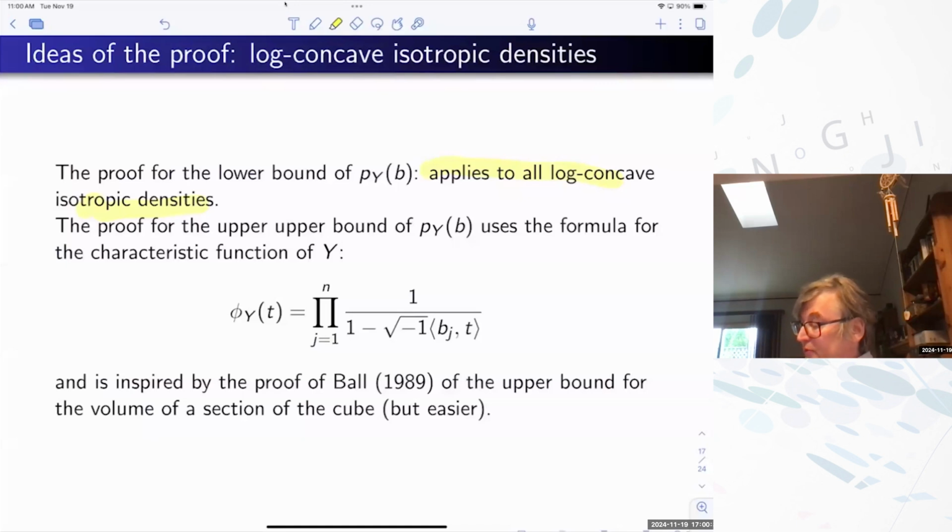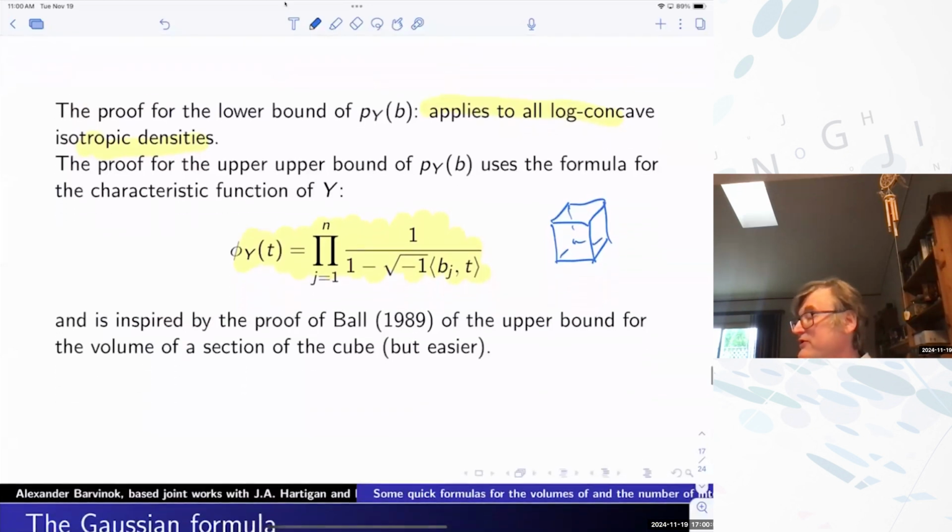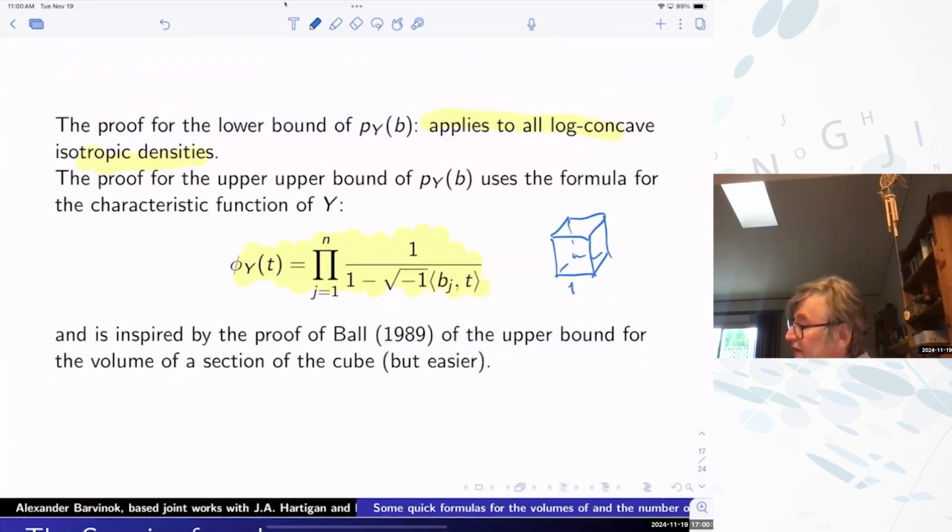And that work was inspired by a theorem of Keith Ball about the largest volume of a hyperplane section of a standard cube, right? So by the way, does anyone know what's the largest volume of the hyperplane section of the n-dimensional cube with side equal to 1?